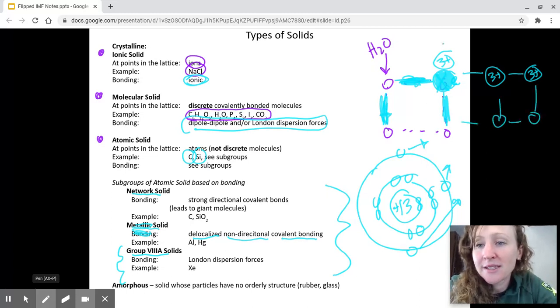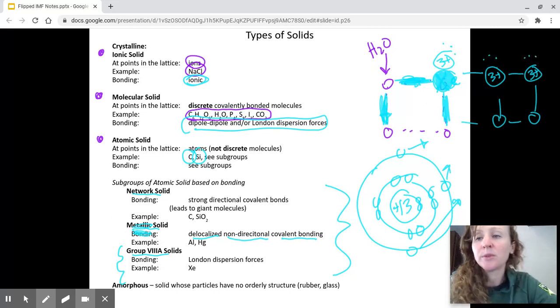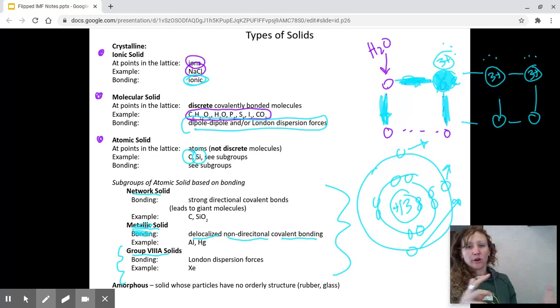And you get this sea of electrons that has been given up and is able to flow back and forth over this crystalline structure. And it gives them really interesting properties that we don't see in any of these other types of solid, like conductivity, malleability, ductility, luster.